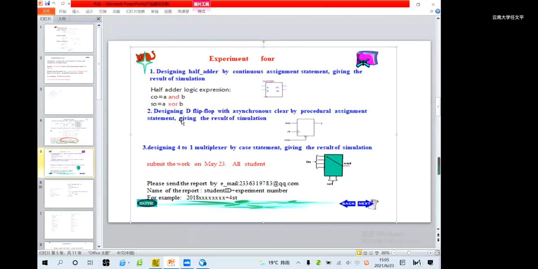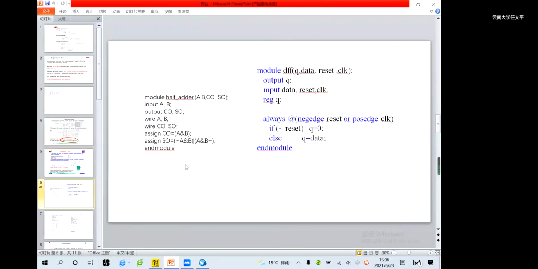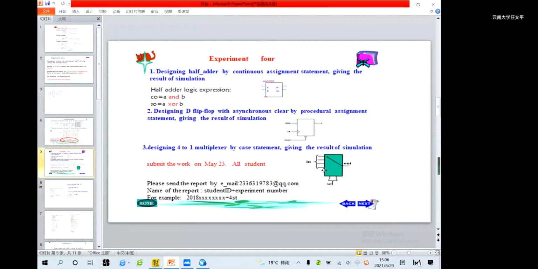This design, I talked about this circuit in our class, this D flip flop with a synchronous clean. Design a 4-to-1 multiplexer, test state gives a result on simulate.